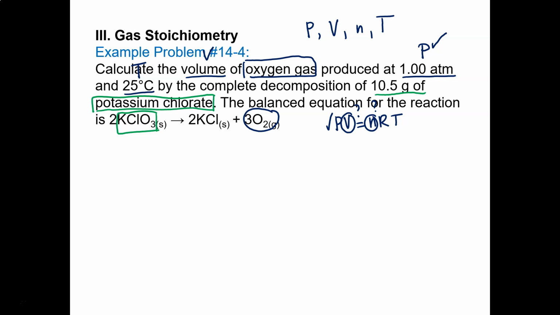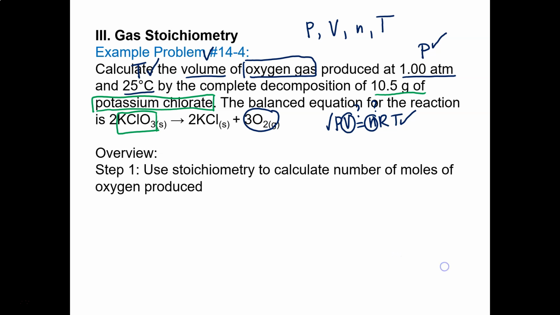R, you have a list that you can choose from, and T you already have right here. So in order for you to figure out V of oxygen gas, you need to know the moles of oxygen gas. And the way you do that is to go from moles of potassium chlorate, because that's what's given to us, and go from that to moles of oxygen gas through stoichiometry.